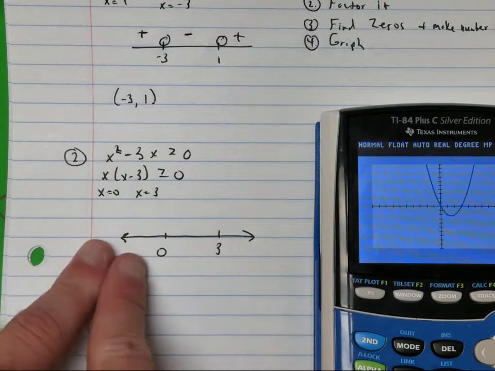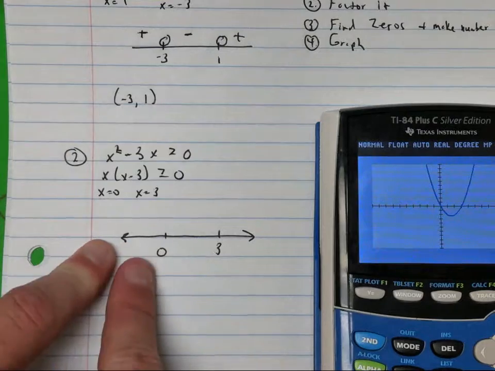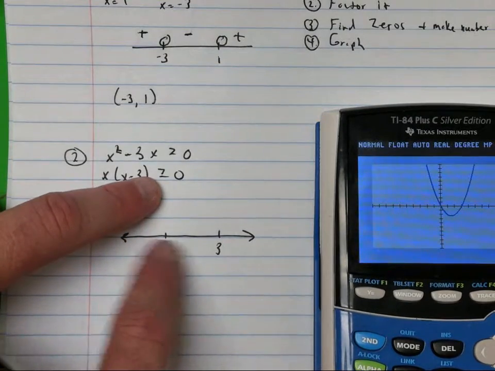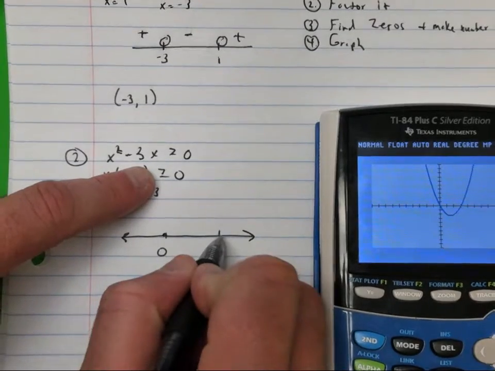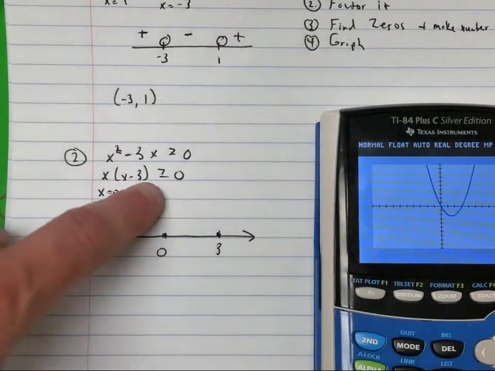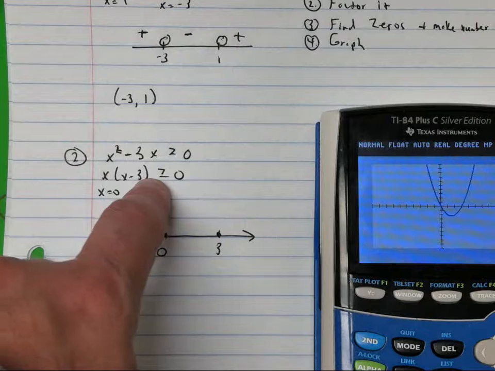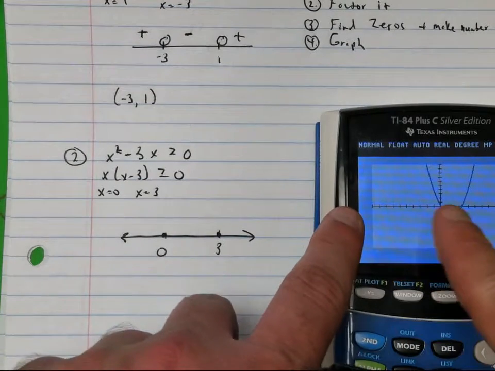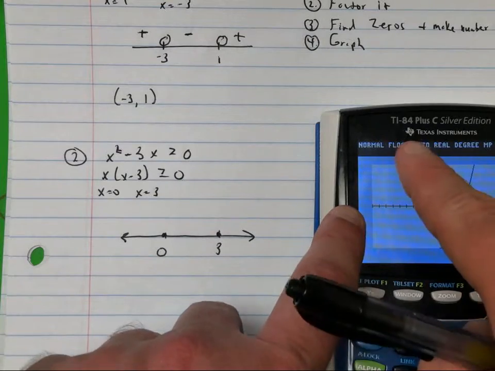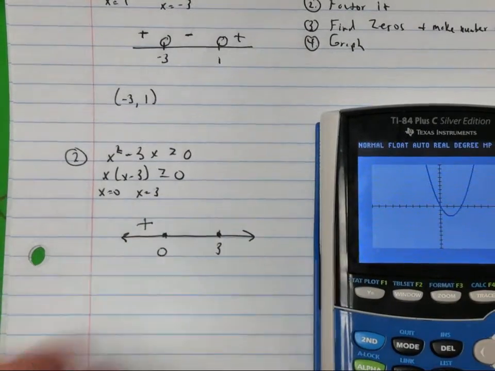Now, let's look at our 3 intervals. Before we do that, would we include 0 and 3 because it says greater than or equal to? We would. That would be a closed dot. Now, we want the values that make this positive. From negative infinity to 0, the line is above, so you get positive y values.